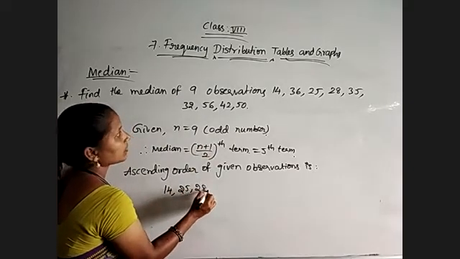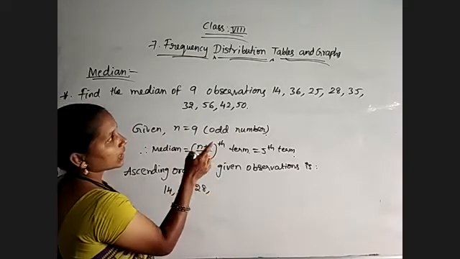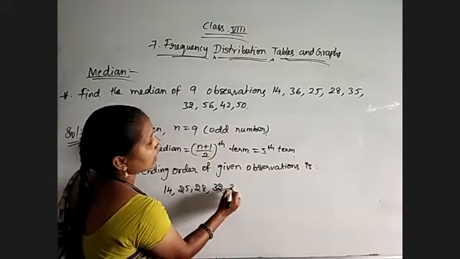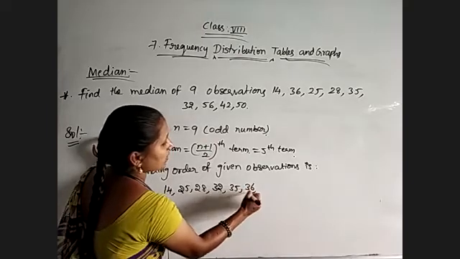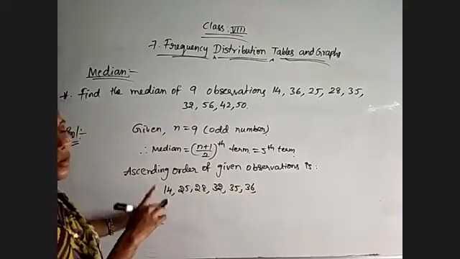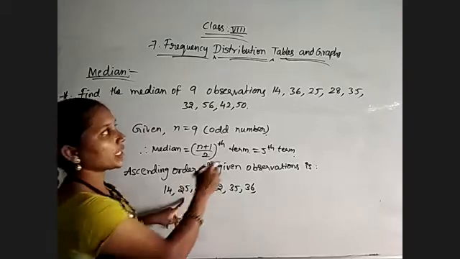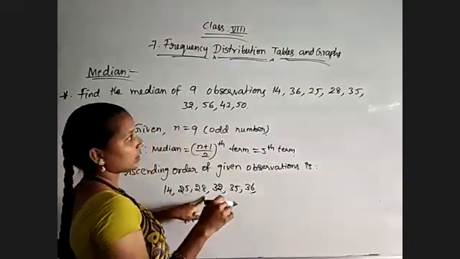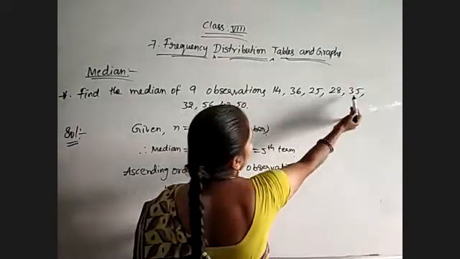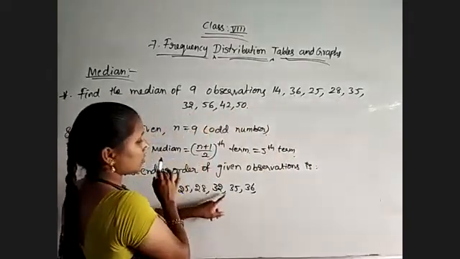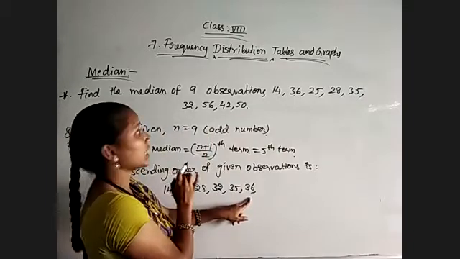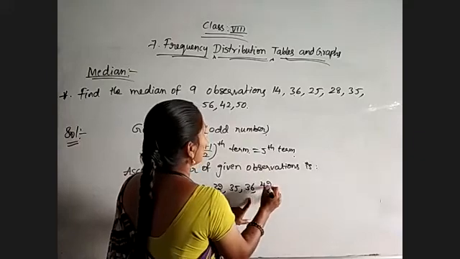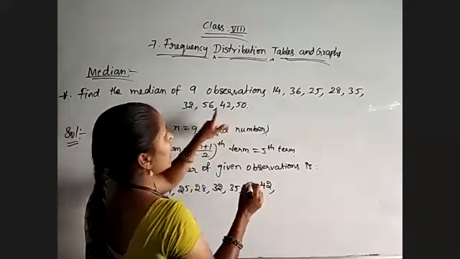After that in the 30s we have 36, 35, 32. So 32, 35, 36, ascending order we are writing. And after that in the 40s, only one number is there, that is 42. Then 50 and 56.